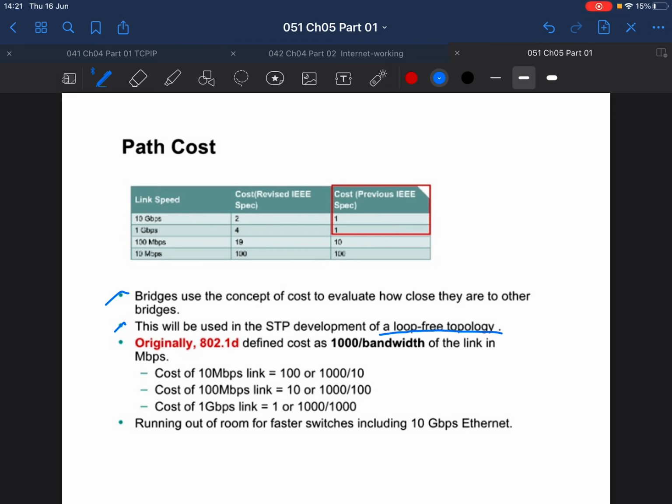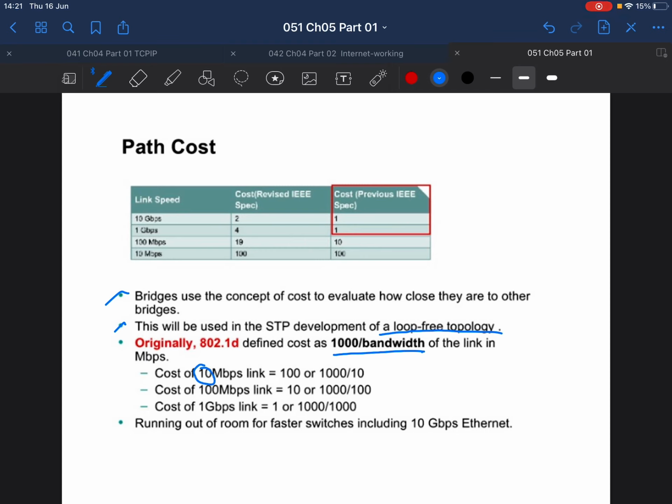Originally, 802.1d defines cost as 1000 per bandwidth of the link in megabit per second. So the cost of a 10 megabit per second link is equal to 100, or 1000 over 10.